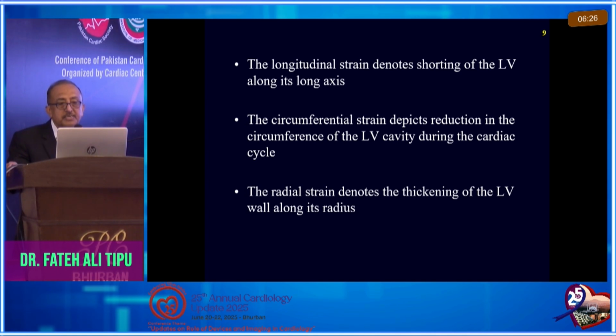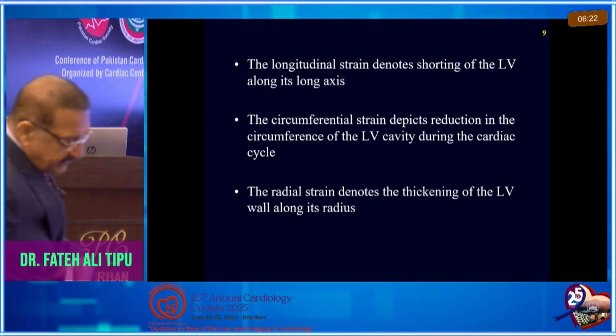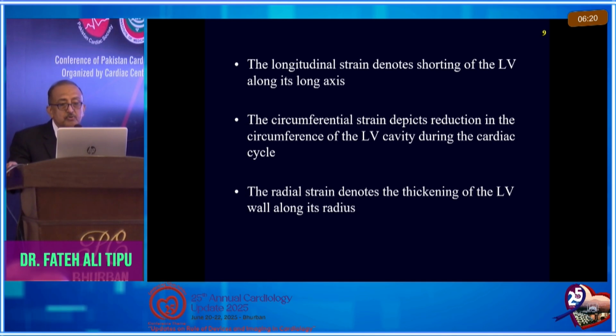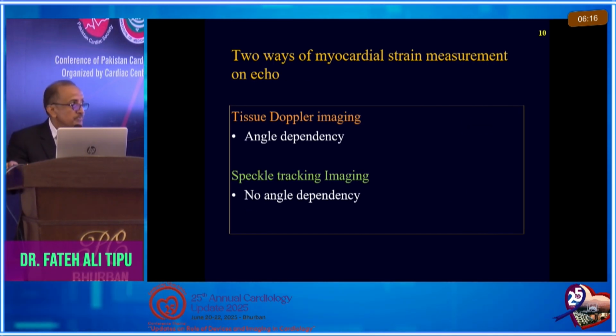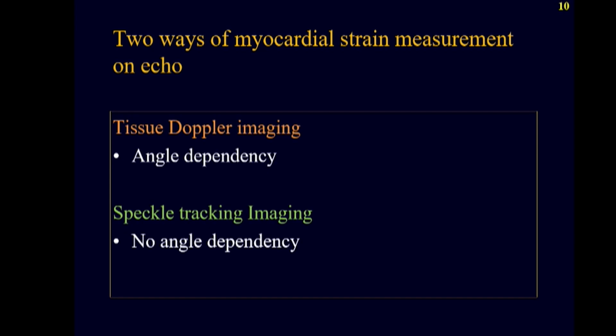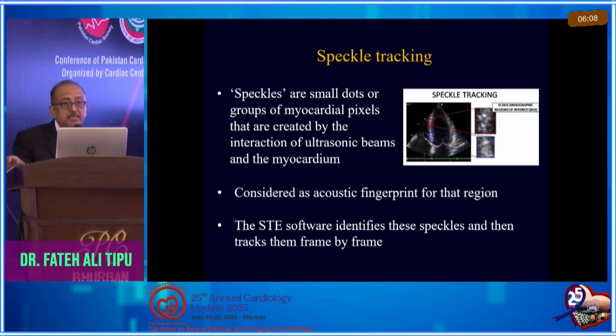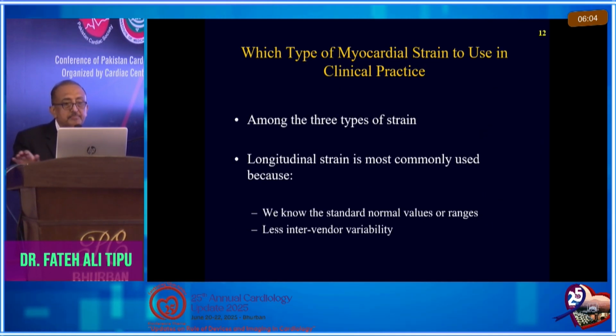The circumferential strain depicts reduction in the circumference of the LV cavity during cardiac cycle, and the radial strain denotes thickening of the LV wall along its radius. We can measure the strain by two ways, either by tissue Doppler imaging or by speckle tracking. Speckle tracking is the commonest way of measuring the myocardial strain.